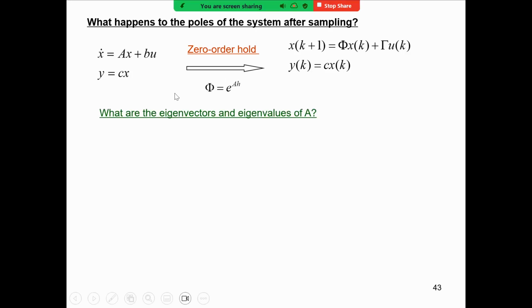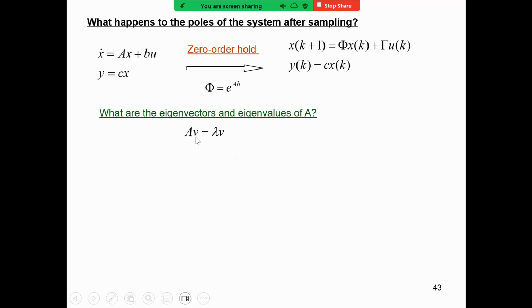Of course, we know the poles are related to the eigenvalues. So therefore, what are the eigenvectors and the eigenvalues of A? This is the definition for eigenvector, this is eigenvalue, and we know eigenvalues are the poles for the continuous time. Also, the eigenvalues for phi will also be the poles for the discrete time.